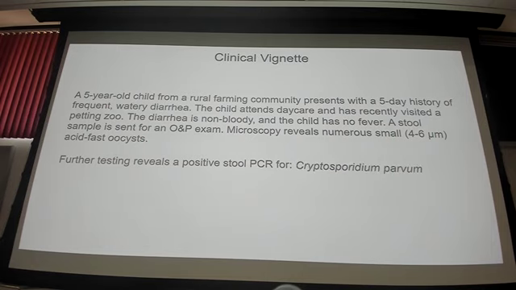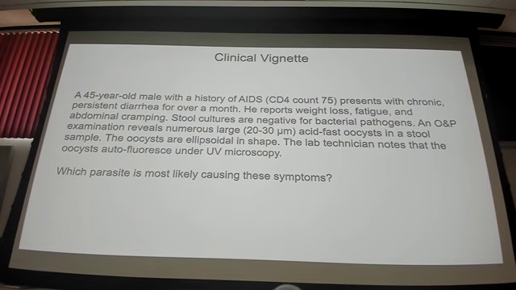Okay. This vignette, we've got a 5-year-old male with a history of AIDS, CD4 count 75. He has persistent chronic diarrhea for over a month, so he's got more severe symptoms of weight loss, fatigue, and cramping. We've ruled out bacterial etiologies. We have numerous large 20 to 30 micrometer acid-fast oocysts in his stool.